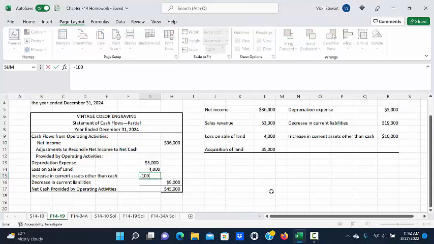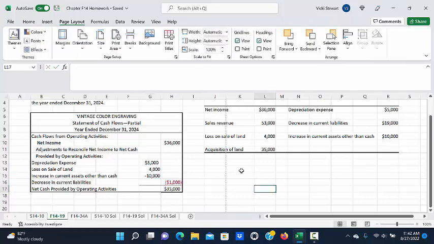So why would that be? There are different reasons why that would have happened. Either we may have spent some cash on items that we haven't used yet, or it could be that we have recorded some sales that would have been included in net income and we have not yet collected those amounts. So we would need to subtract that because we haven't received the cash.